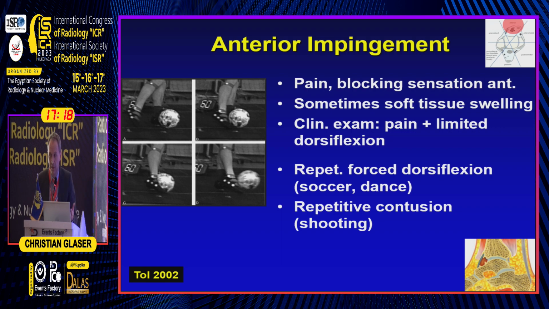So one typical scenario in anterior impingement would be a soccer player or a dancer going into repeated forced dorsiflexion or repetitive contusion, like in this example, when the ball hits the foot. And that's quite a force that is applied there over and over and over again.